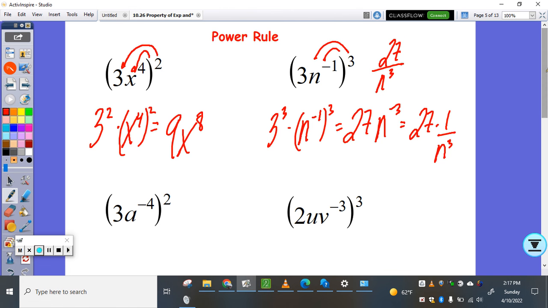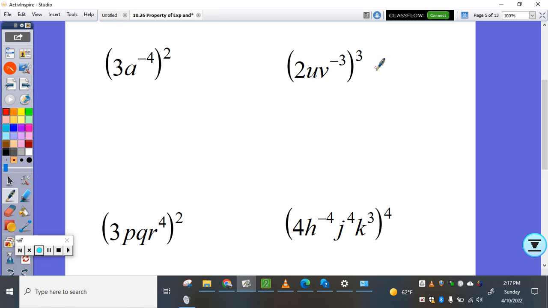So if I have more than one variable in the parentheses, again, the same thing happens. This 3 goes to the 2, it goes to the u, and it goes to the v. So I have 2 to the 3rd, u to the 3rd, v to the negative 3rd to the 3rd. Well, 2 to the 3rd power is 8.